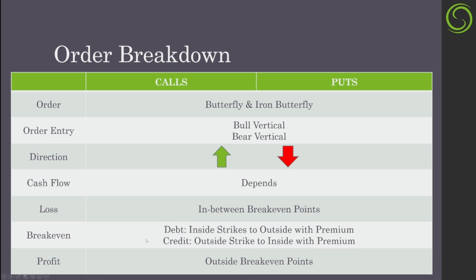And then the break-even points are going to be a little bit reversed when setting up this trade, as the debit is going to be inside strikes to outside with the premium, and then the credit is going to be outside strikes to inside with the premium. Okay? And then the profit is going to be anywhere outside the break-even points. So if that sounds a little confusing, it's okay. We've got some examples coming up that'll hopefully clear up some of your confusion.